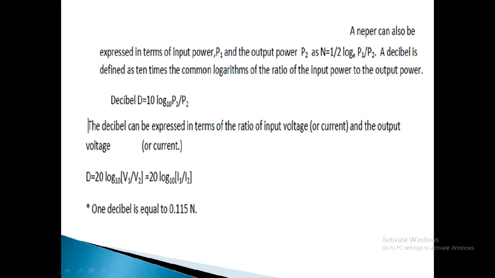That is, D is equal to 20 log base 10 of V1 by V2, which is equal to 20 log base 10 of I1 by I2. 1 decibel is equal to 0.115 Neper.